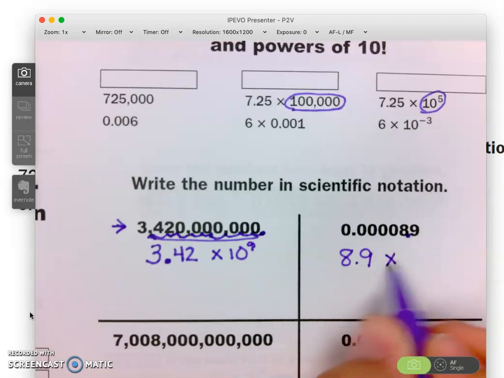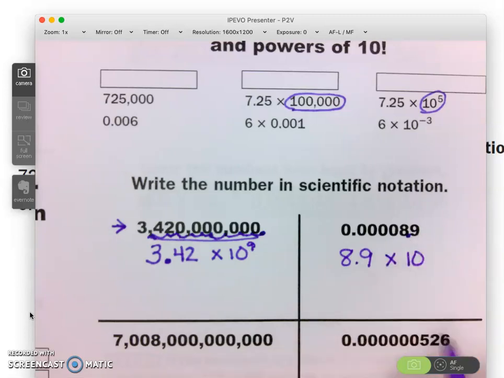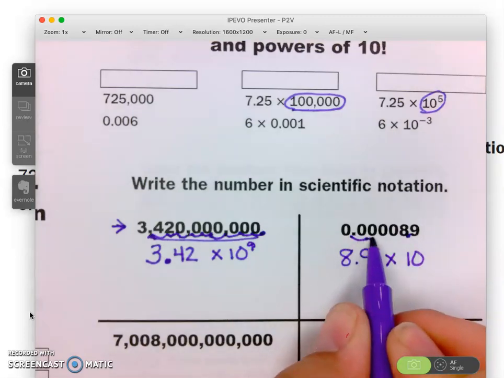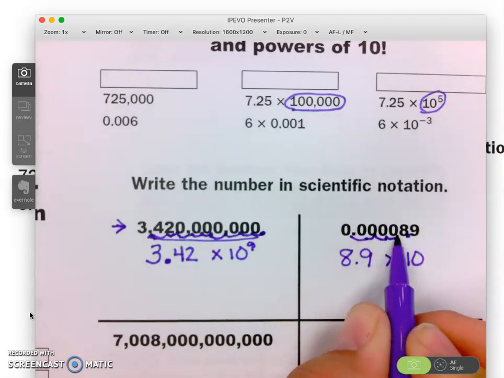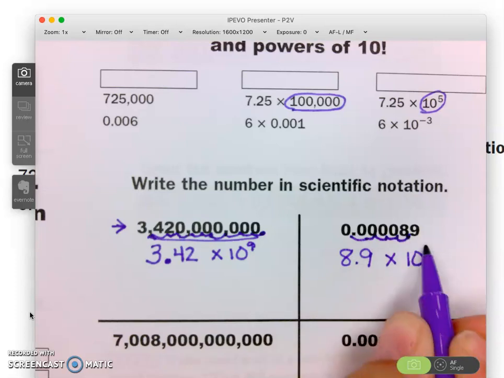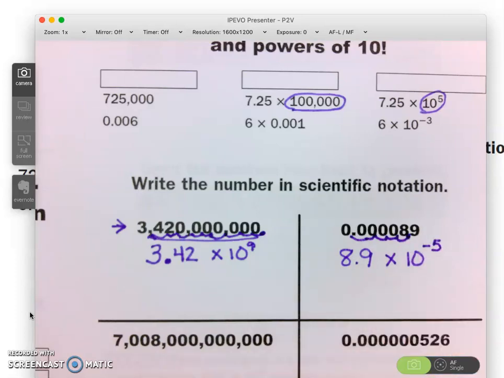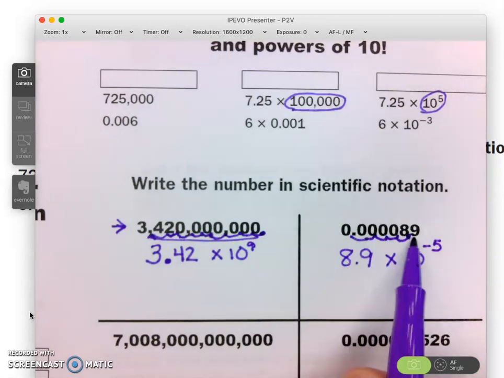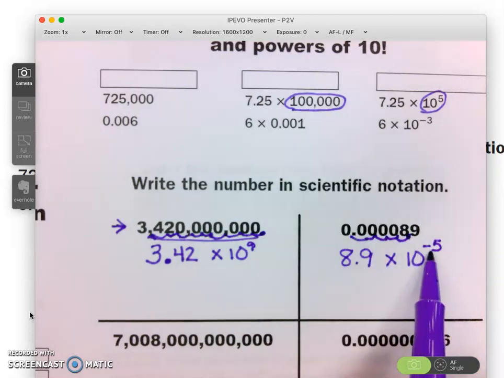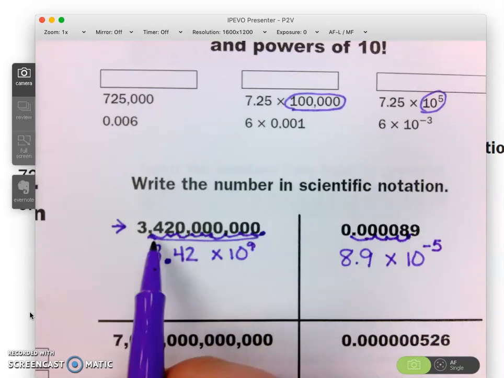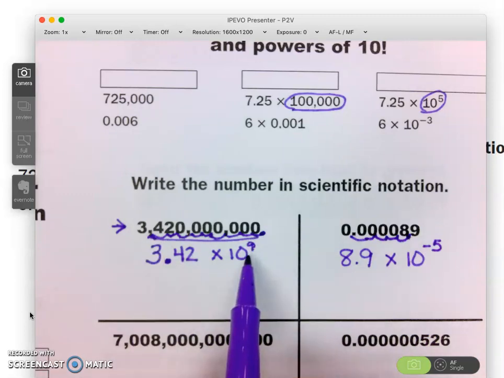Okay, and then it's going to be multiplied by 10 to a certain power, but I need to figure out what that power is. So 1, 2, 3, 4, 5. So it's going to be a negative 5. There's other things you can remember, like if I move my decimal to the right, this number will be negative. If I move my decimal to the left, this number will be positive.